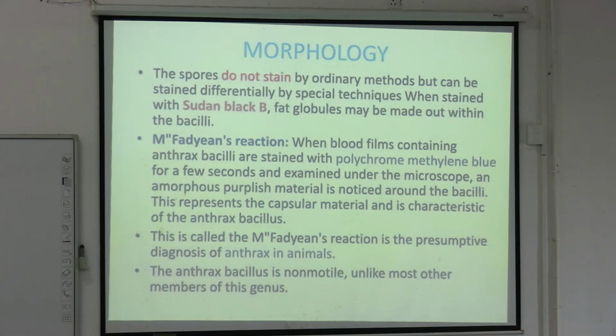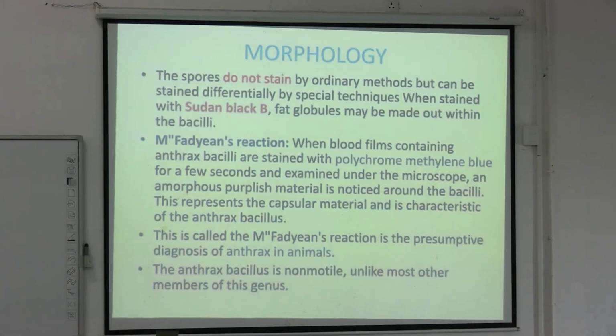Morphology, the spores do not stain by ordinary method but can be stained differentially by special techniques. McFadyean reaction: when blood film containing anthrax bacilli are stained with polychrome methylene blue for a few seconds and examined under microscope, an amorphous purplish material, একটা গুঁড়ো গুঁড়ো ম্যাটেরিয়াল দেখা যাবে চারদিকে ব্যাসিলাই, that indicates it was the capsule.